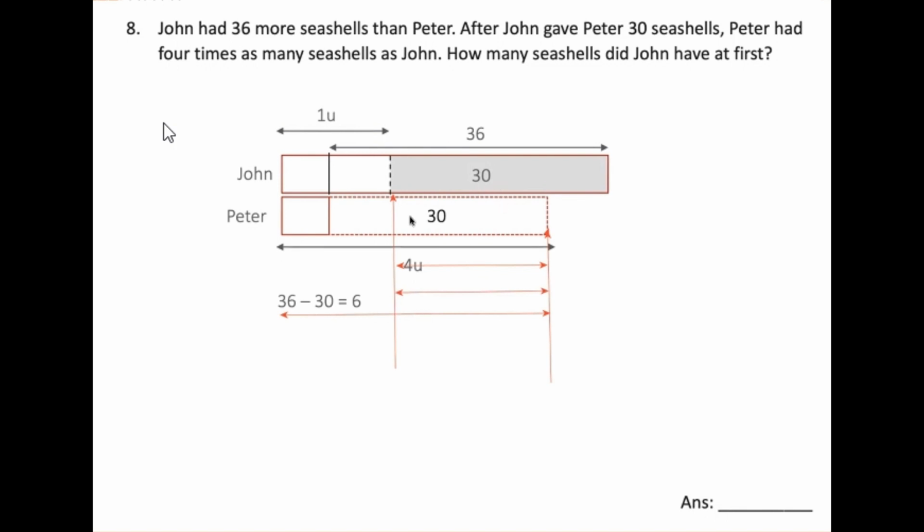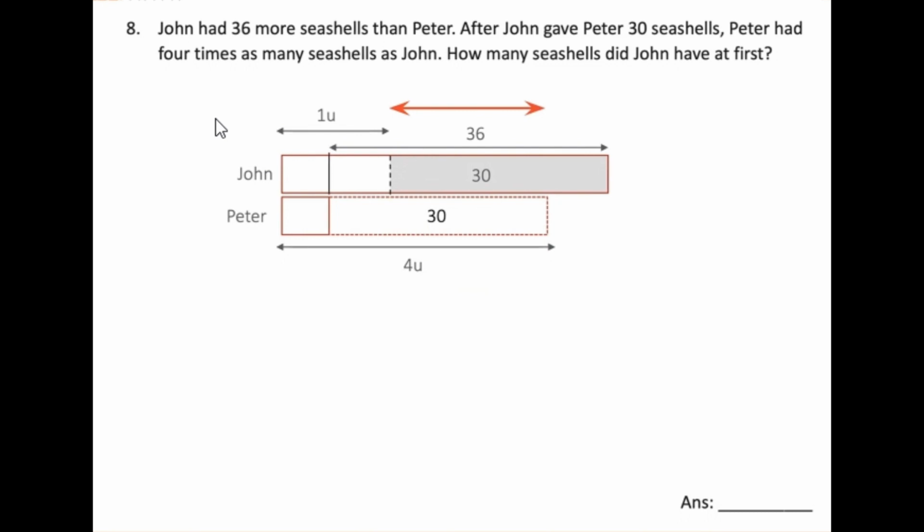So first, let's do this. Before I do this, let me clear up this picture first. Now, I want to find out how much is this. This is the new difference, which is 4 units minus 1 unit.